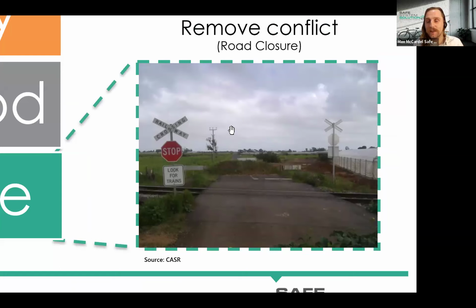So there's no longer that conflict point between trains, in this instance, and general traffic, because they cannot access that conflict point. So that's an example of exposure where you're actually influencing the number of vehicles going through that conflict point.